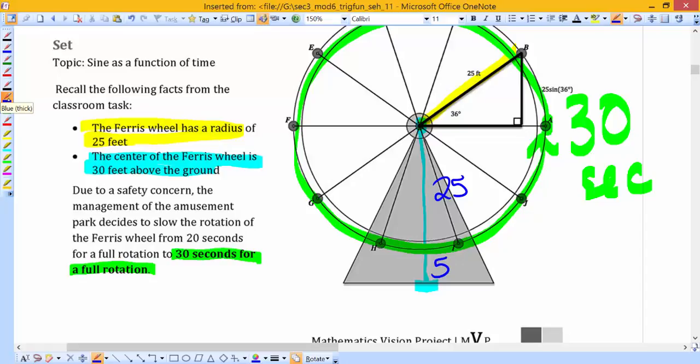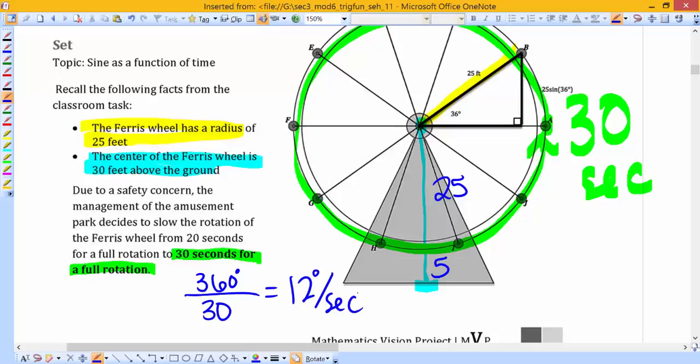It's not really difficult to do this. There are 360 degrees and it is traveling 30 seconds. So 360 degrees for 30 seconds, which is going to end up giving me 12 degrees per second. So every second that Ferris wheel is going 12 degrees more.